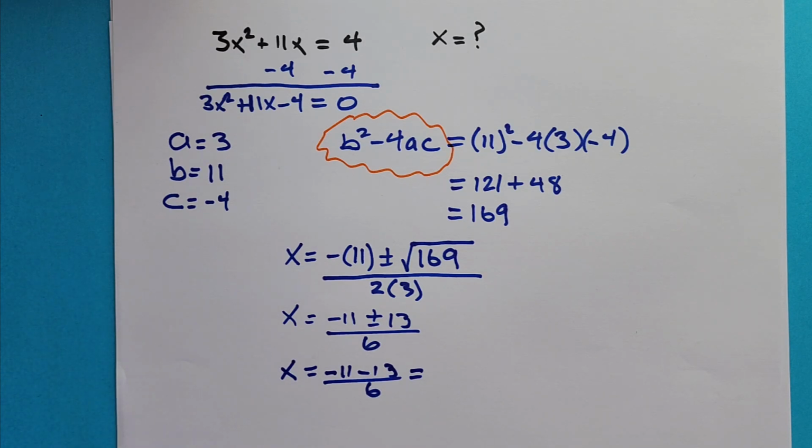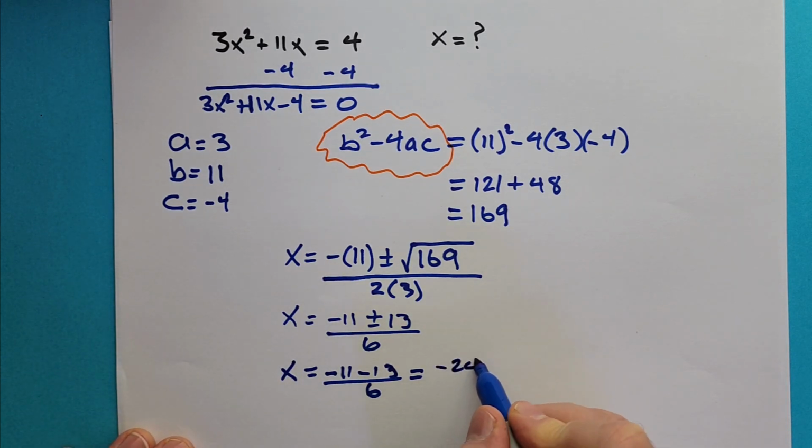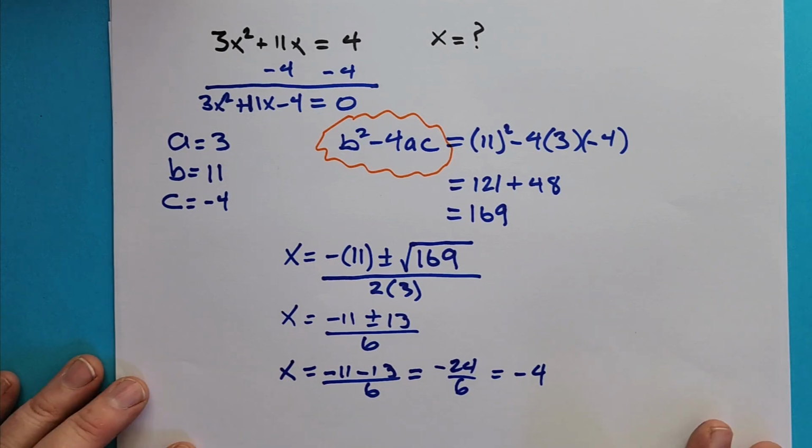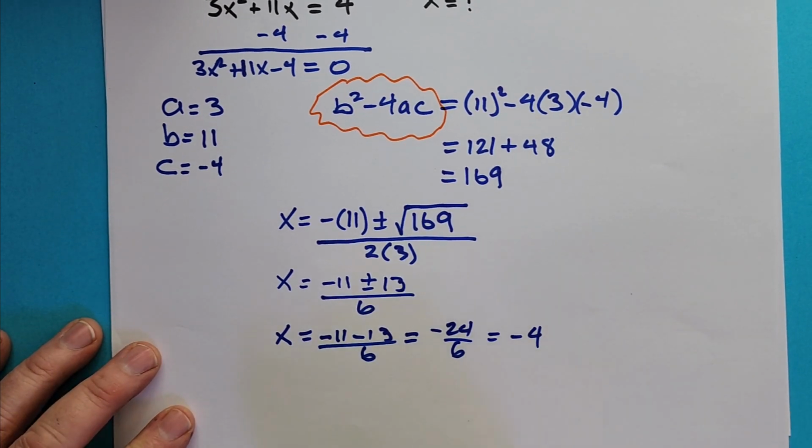So if you just add the 11 and the 13 together, we get 24. So this is going to be a negative 24 over 6, which gives us a negative 4. So now we have one of the roots to our equation. One of the roots is a negative 4. And it's a rational root. The discriminant predicted that.